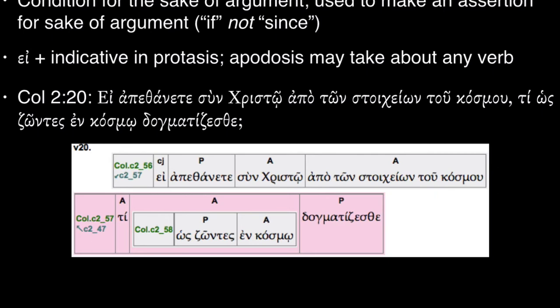And this is a way for him to position the readers so that they have to go, oh, well, maybe if I'm continuing to live by the rules and dogmas and the way the world gets things done, maybe that means I didn't really die with Christ. That makes this argument that much more powerful, significant, and important for the reader, because it makes them think, hey, I've got to rethink this for just a minute.